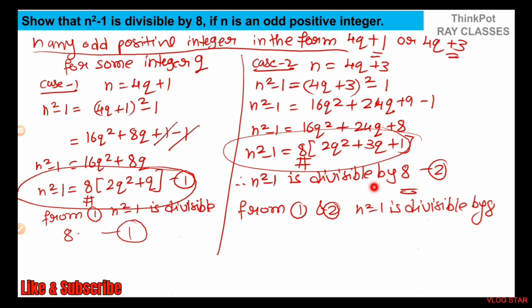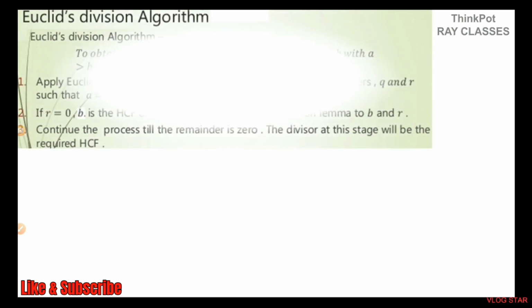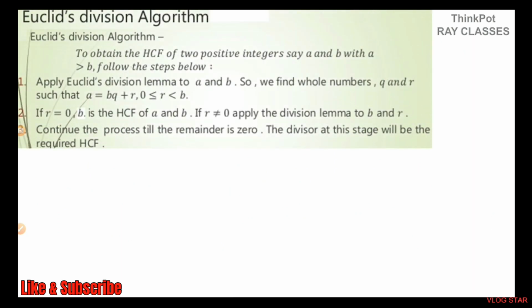Now we can see a few applications of Euclid algorithm, or you can say Euclid division algorithm, and how it is to be used to find out the highest common factor of any given two numbers. Here we are going to learn how to find out the highest common factor of any two positive integers that may be called a and b, where a is more than b.